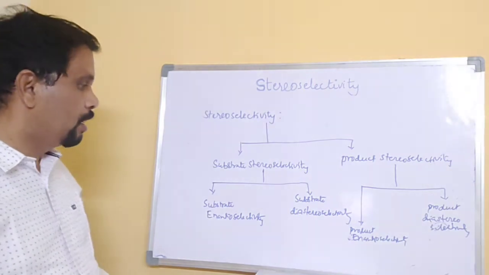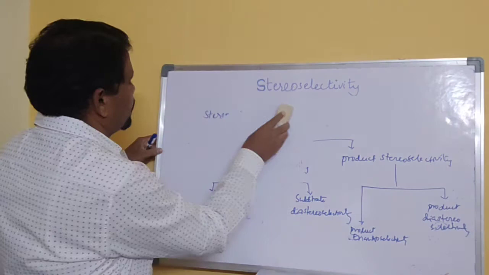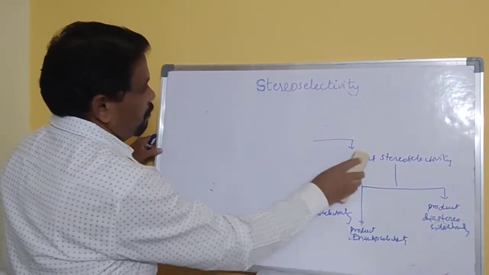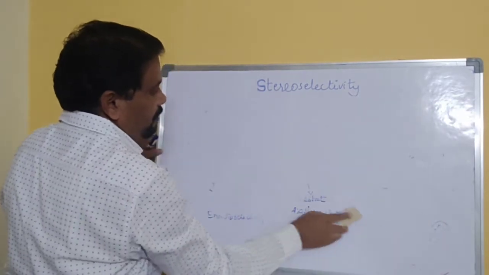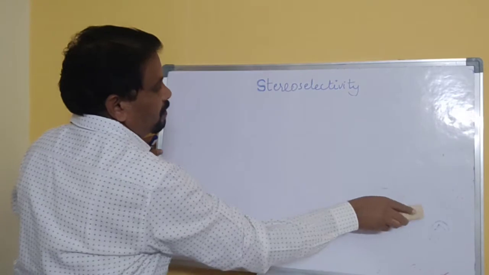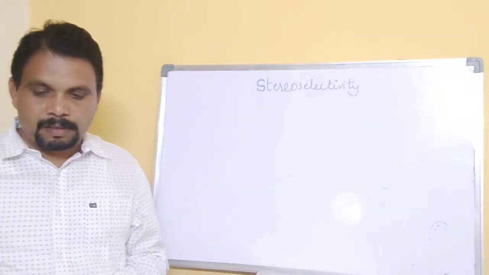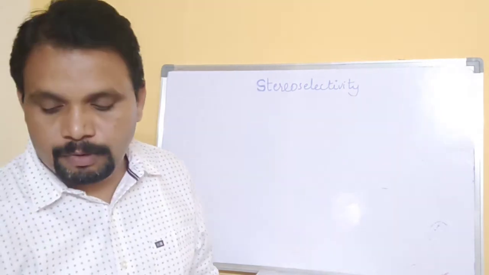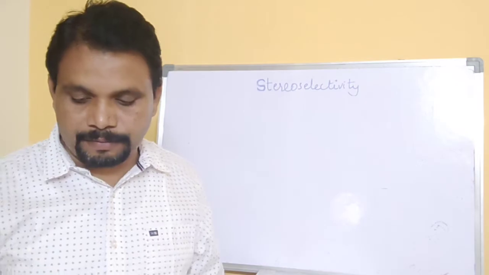So these are the types of stereoselectivity. Let us learn them one by one in this class.